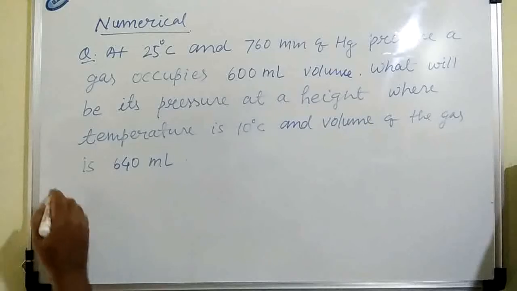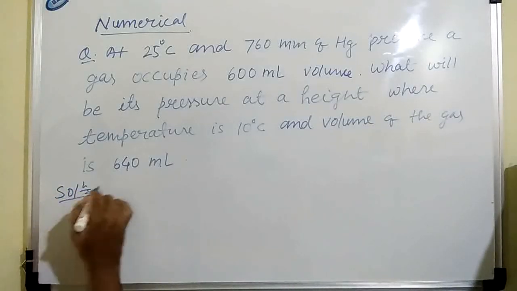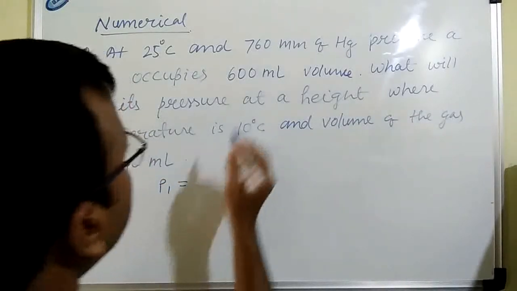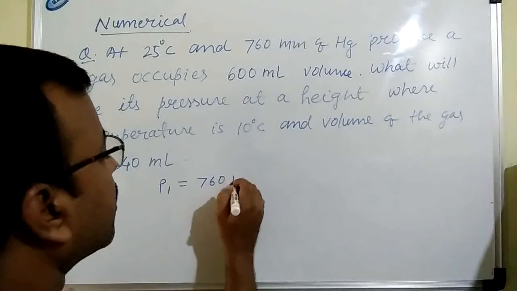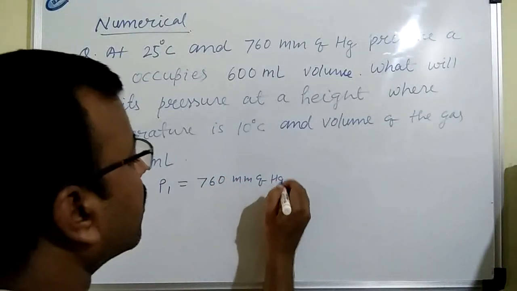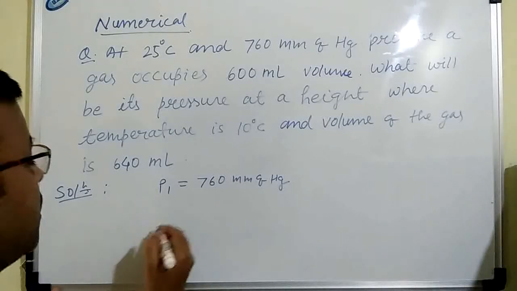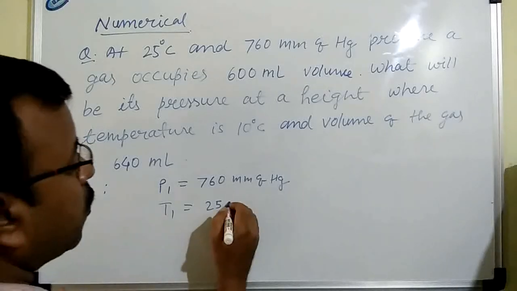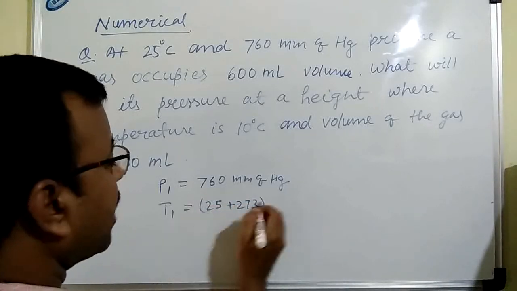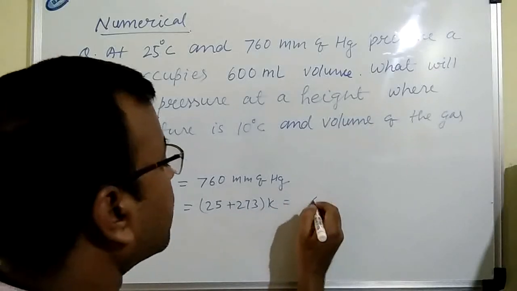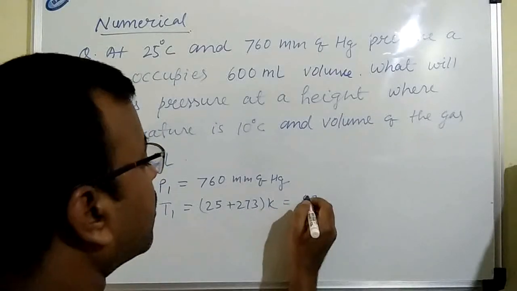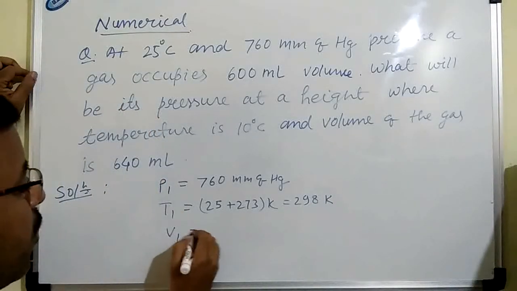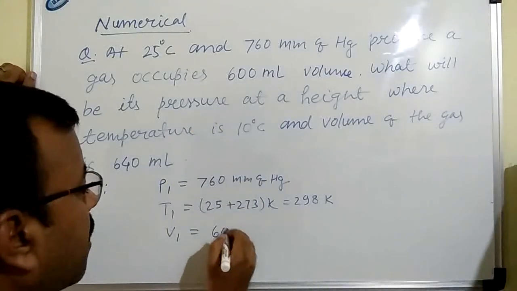So first we make the data. P1 is equal to 760 mm of Hg. T1 is 25 degrees Celsius. You know to add 273 to make it Kelvin, so 298 Kelvin, and volume V1 is given as 600 ml.